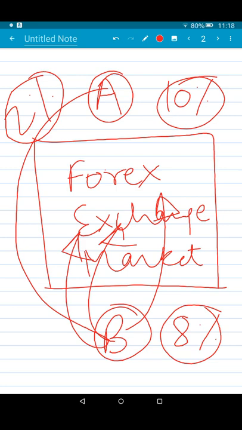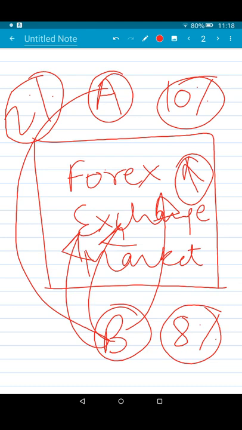So the value of the currency of country A will increase.